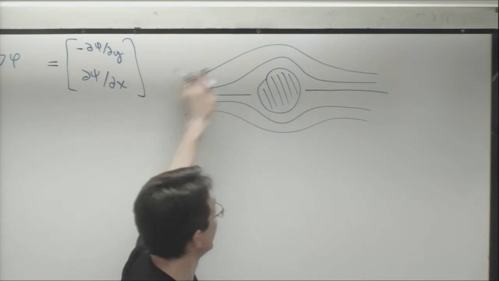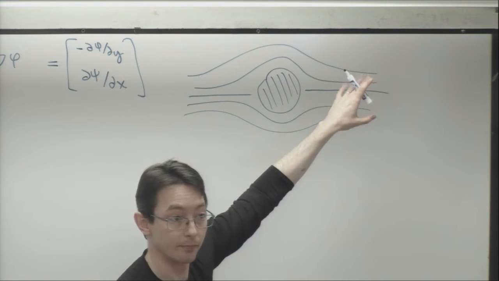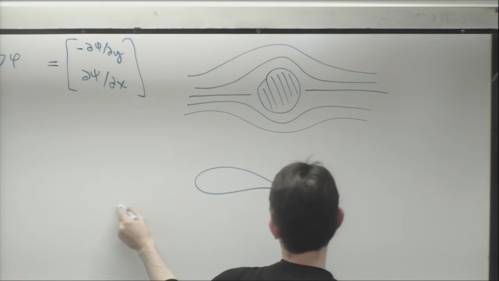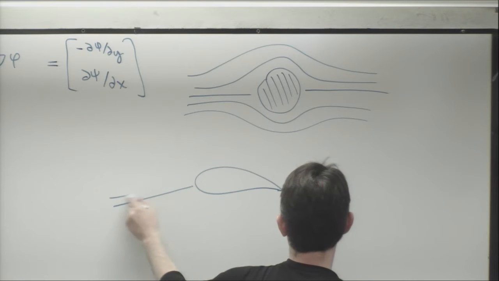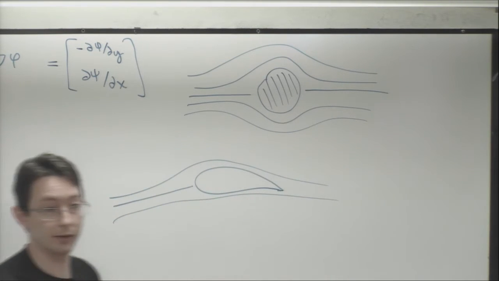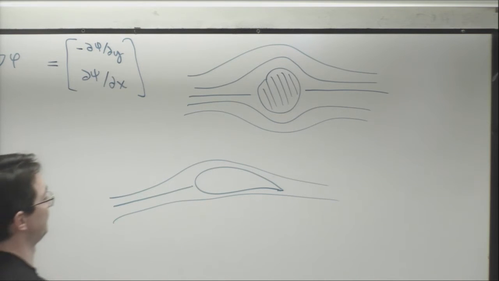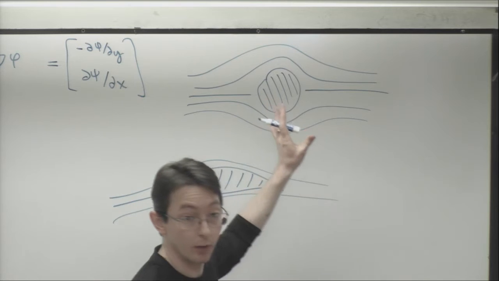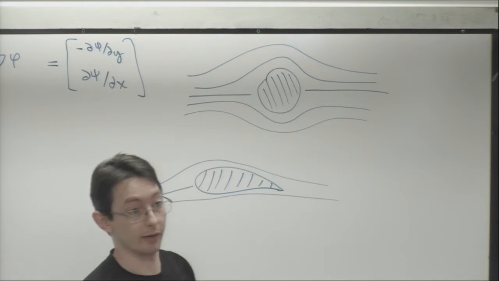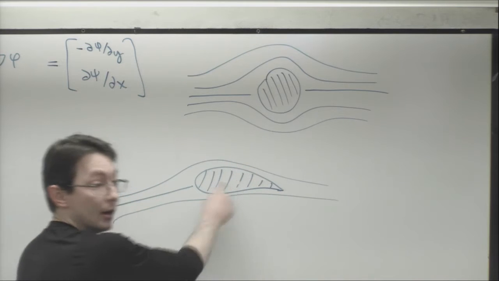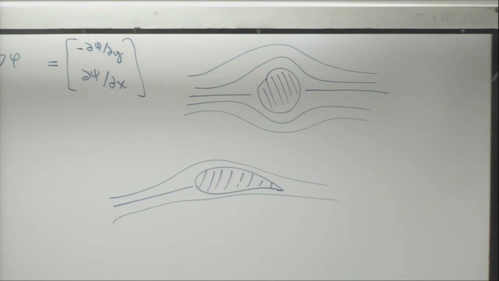And I could then find the velocity field everywhere. And I can also do that for airfoils to find out what the streamlines are past an airfoil. I'm probably going to do this as a homework problem in the first week of next quarter, where you derive the velocity field for these two problems from the potential function. But for right now, I'm going to start with a simpler set of examples.